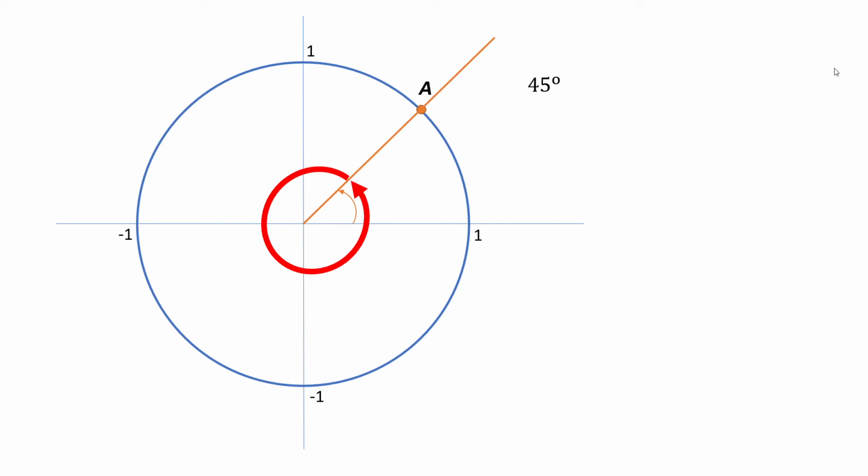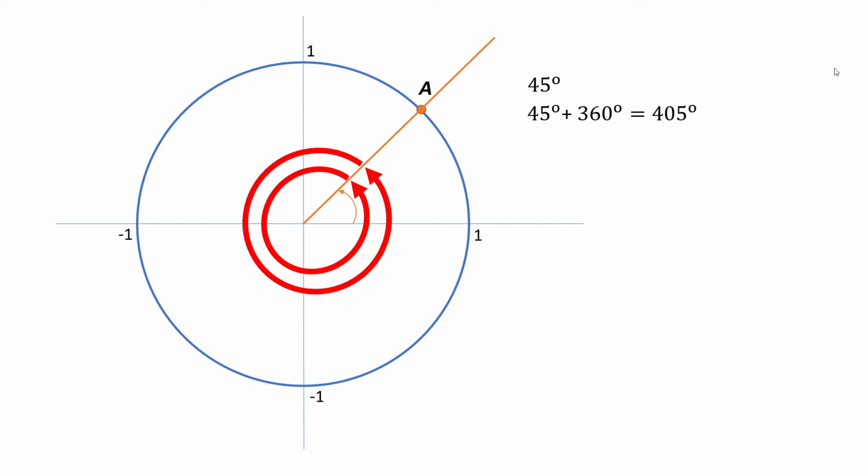Well, the angle we're going to get eventually in this case is not going to be 45 degrees. It's going to be 45 plus 360 degrees. Okay? It's going to be 405 degrees. And that angle again gives us the point A. We don't have to stop at one circle. We can go for another circle.